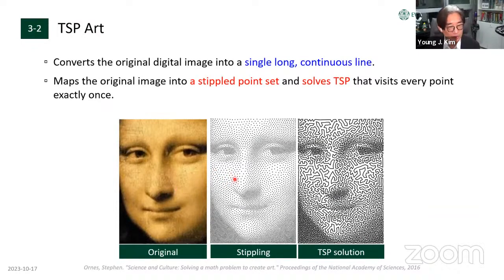So first generate these stippling points, which approximate the density distribution of the original input. Then, if you solve the TSP problem with these stippling points as the sites, you will have this kind of TSP solution. So this is one way to generate a long continuous line of drawing sequences for a robot.